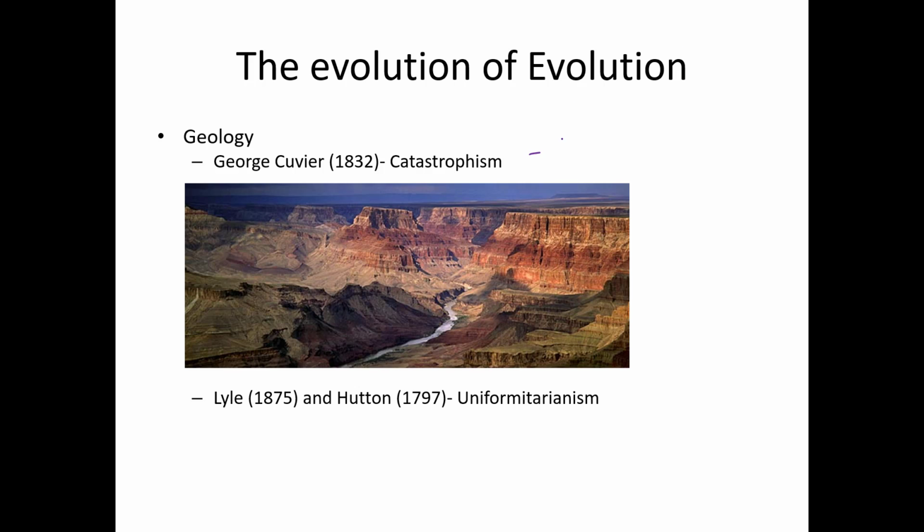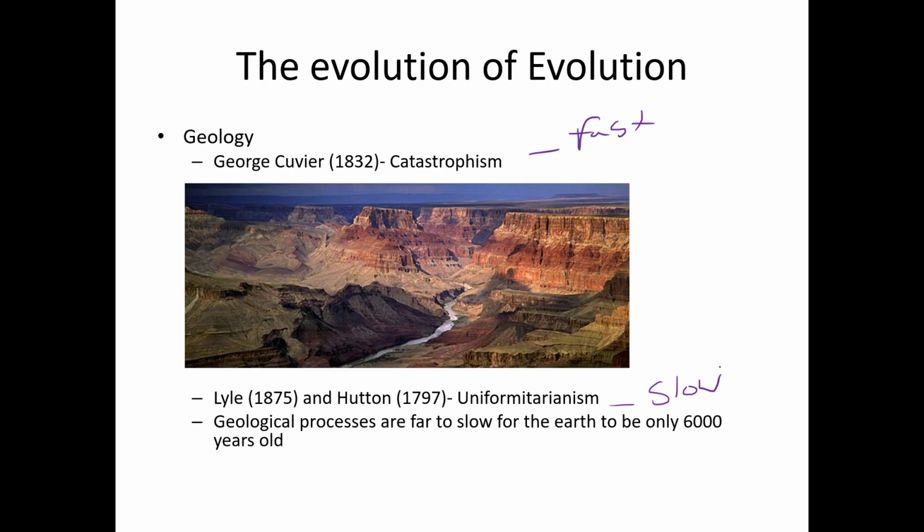So this would be fast change, right? This would be slow change. And they said that geological processes are too slow for the Earth to only be 6,000 years old. Folks like Cuvier and Linnaeus thought the Earth was only about 6,000 years old. But they said that's impossible based on how rocks work. That just doesn't fit with the data.